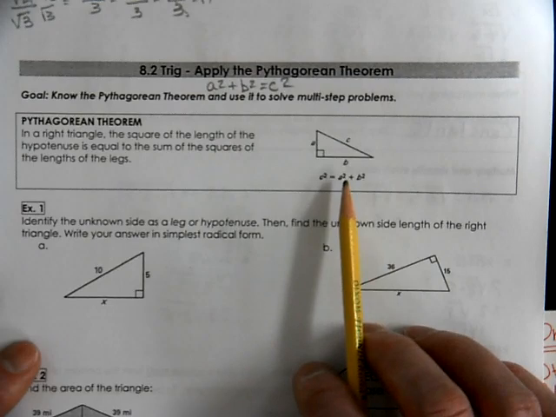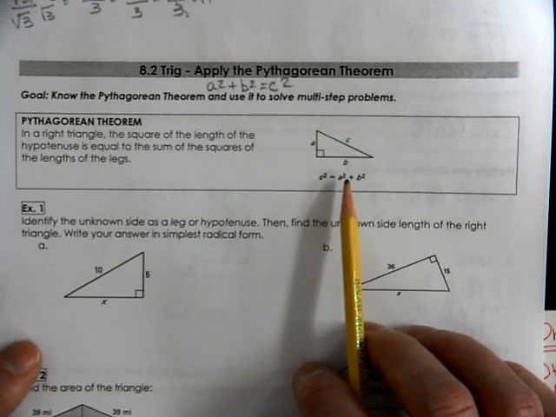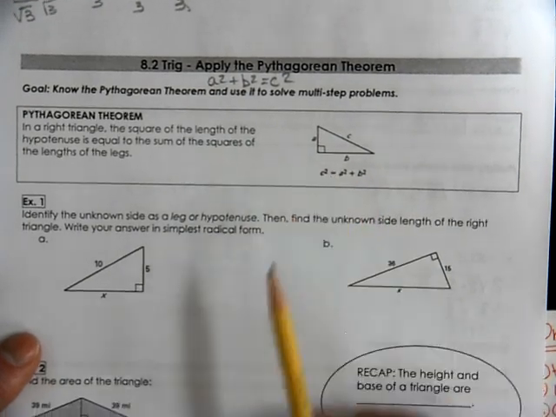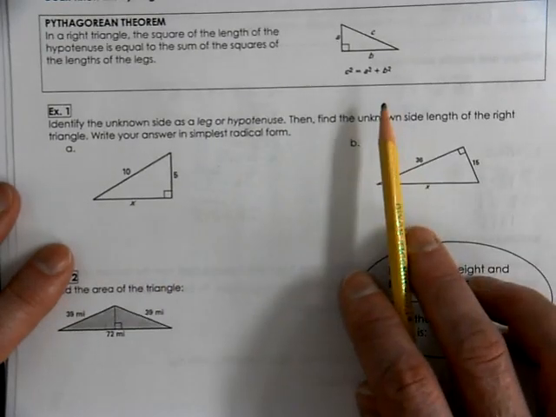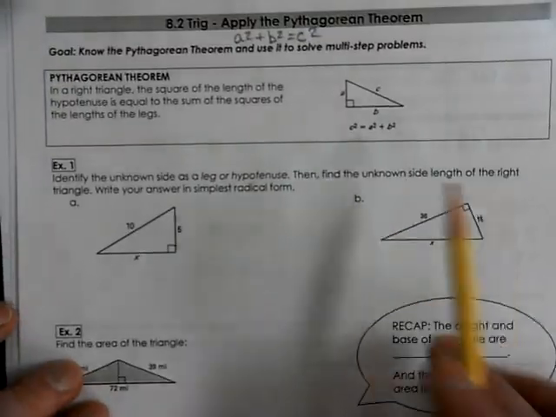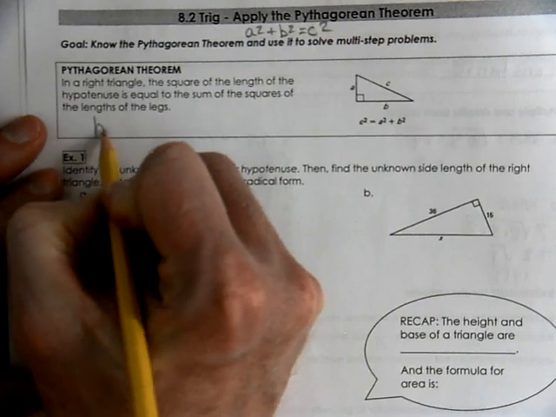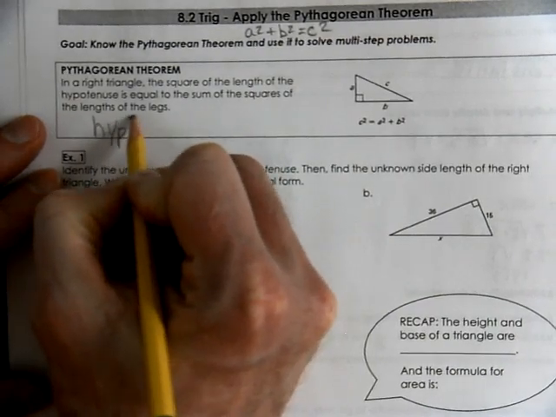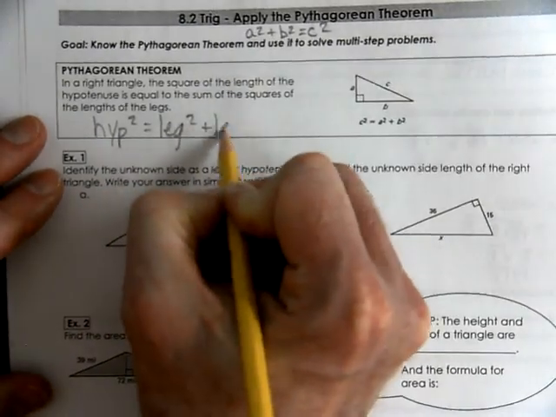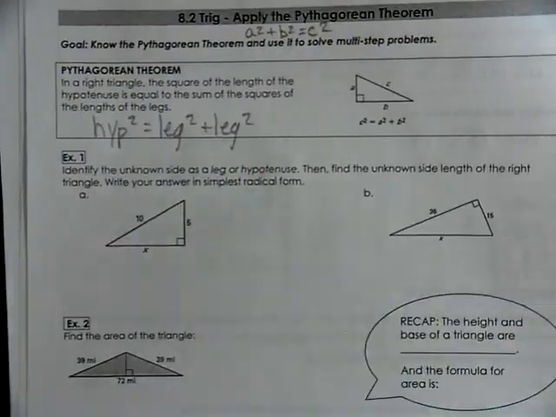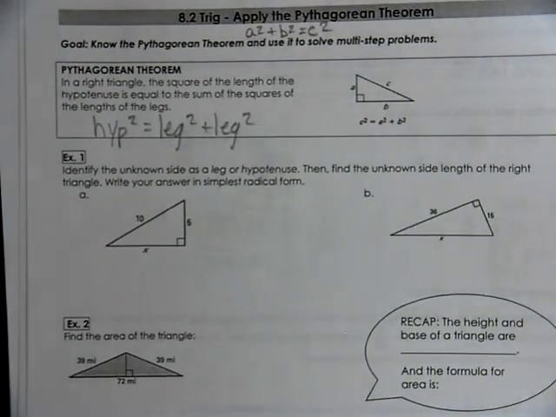Now, when you're using these letters, a, b, and c, it gets a little confusing when you come down here and you're solving for x. Which one's x? So it might be better for you to focus on it as hypotenuse squared equals leg squared plus leg squared, and not worry about the a, b, and c.